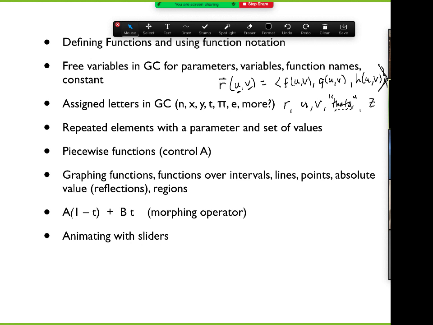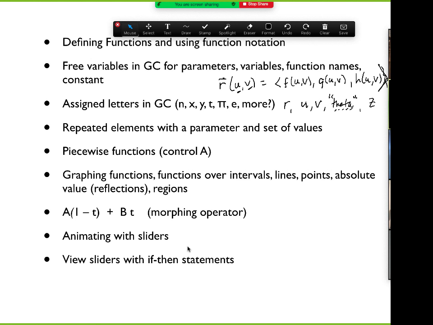Animating with sliders. Not only the n slider, but I showed you how you can use your free variables to make more sliders up in the math lines. And then view sliders. These are the same exact type of sliders, but we can use them for turning on and off objects with if-then statements in the math lines. So if view equals 3, plot this point.